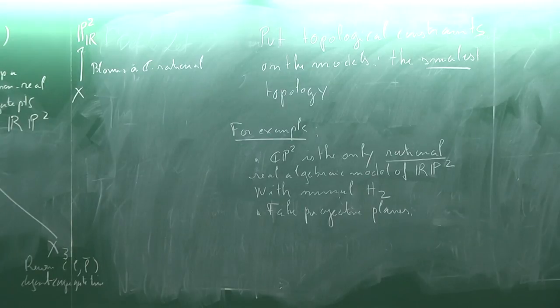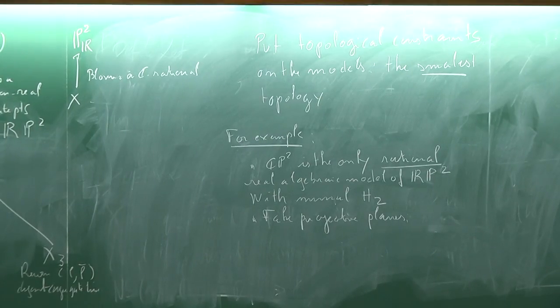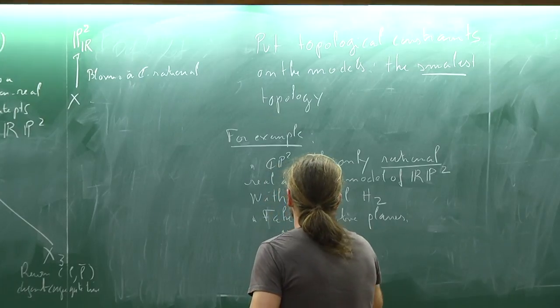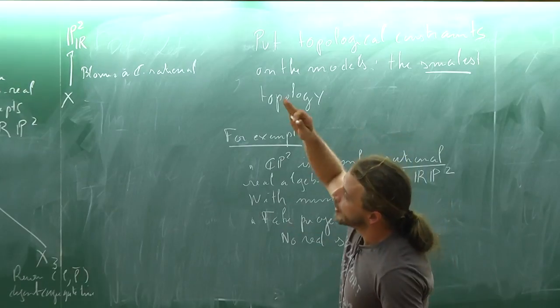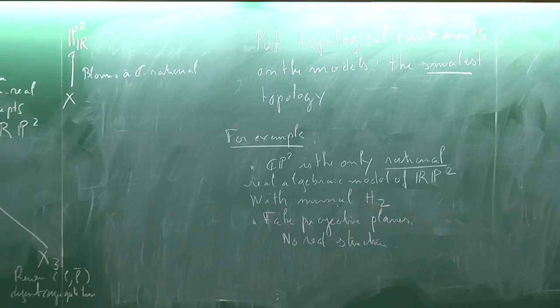And then you can try to decide if they contain RP2 as their real locus. But we know that by classification, all of these fake projective planes are coming in pairs, one and its complex conjugate. So there is no real structure on these fake projective planes. So in particular, if you are looking for a real algebraic model of RP2 with the same topology as CP2, then you just have CP2 with the standard anti-holomorphic involution.